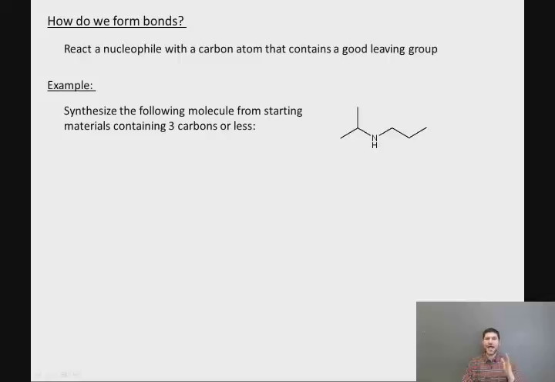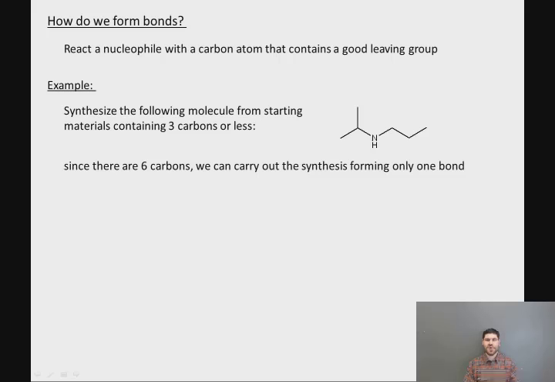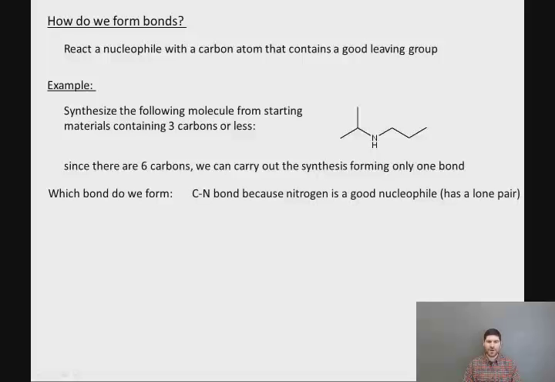Okay, so given that constraint, how do we hack this problem? Well, there are 6 carbons in the molecule, so given that we're allowed to use 3 carbon fragments, we can carry out this synthesis forming only 1 bond, as long as we bring together 2 3 carbon fragments. So that begs the question now, which bond are we going to form?